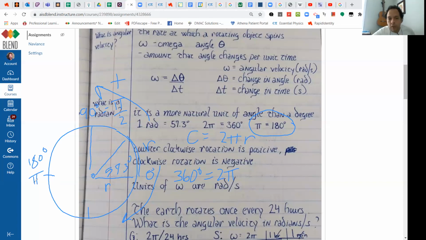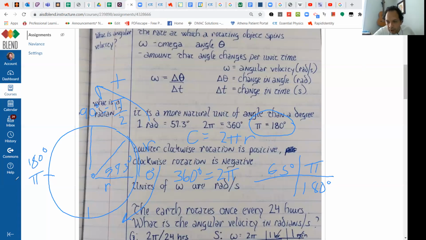So we know that pi is 180 degrees. So let's say I have an angle of 65 degrees, and they say, what is that in radians? Well, I just use dimensional analysis and say, 180 degrees is equal to pi radians.